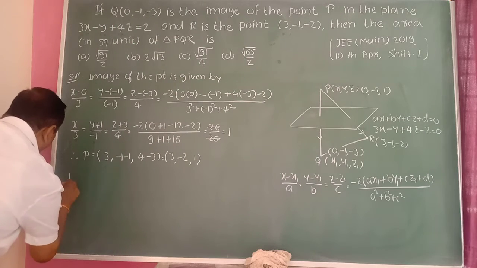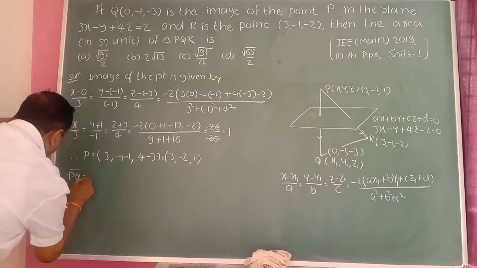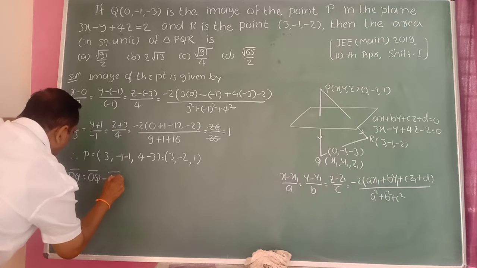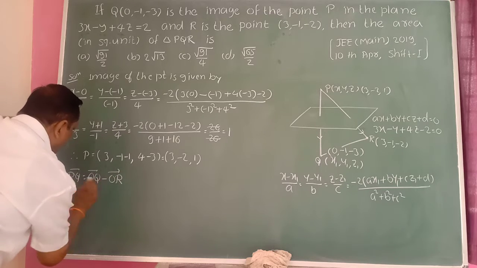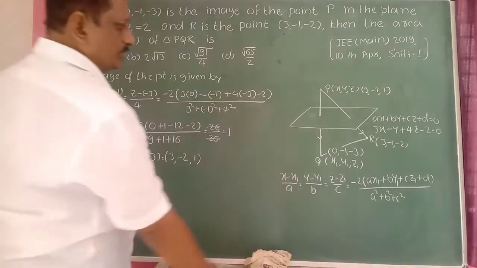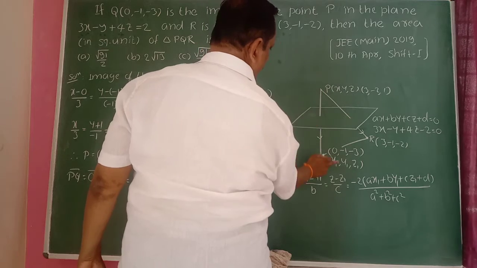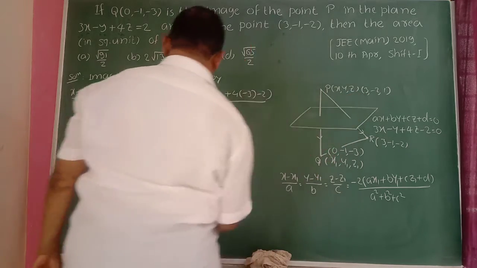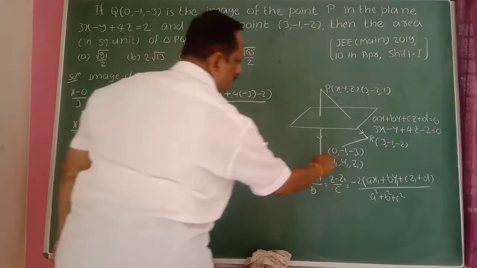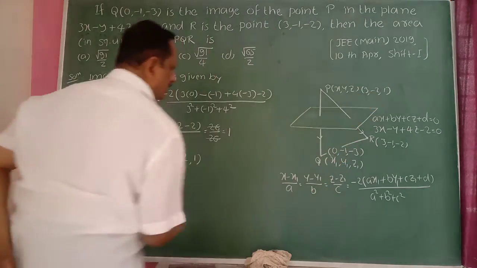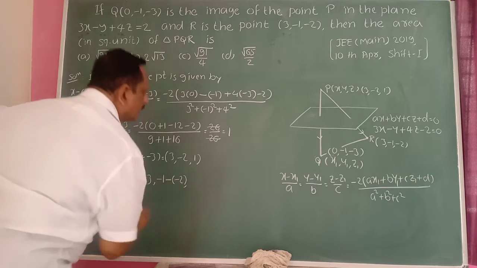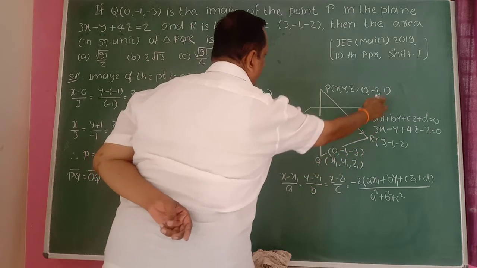PQ is given by OQ minus OP. So 0 minus 3, then -1 minus (-2), then -3 minus 1.